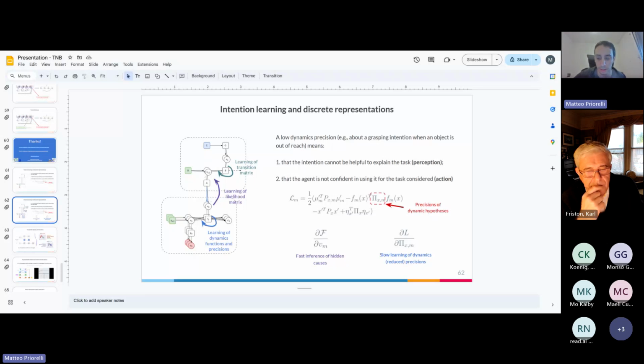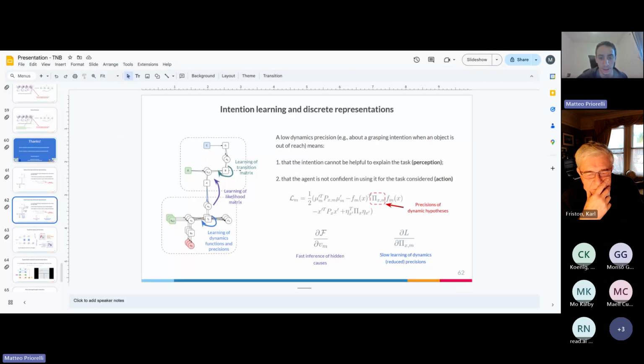Precisions in general have a dual interpretation, right? If you have a low precision about some sensory modality, it means that sensory modality is not helpful to explaining the task, and it also takes into account attentional mechanisms.